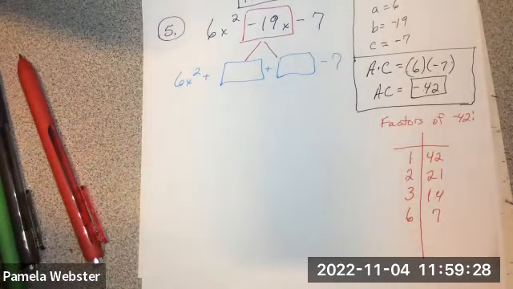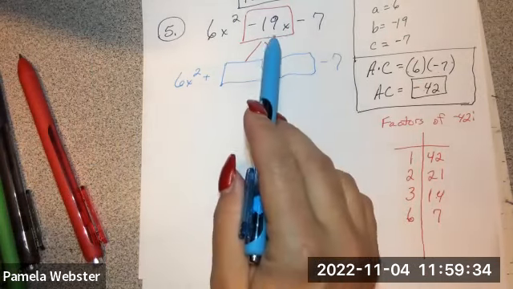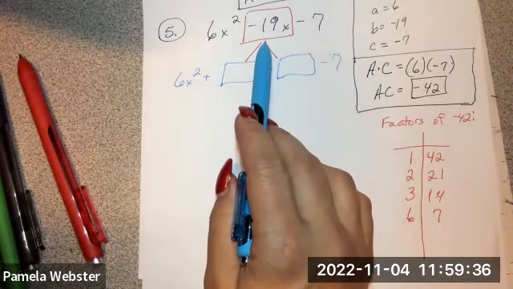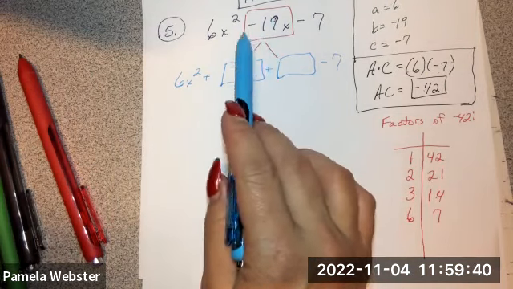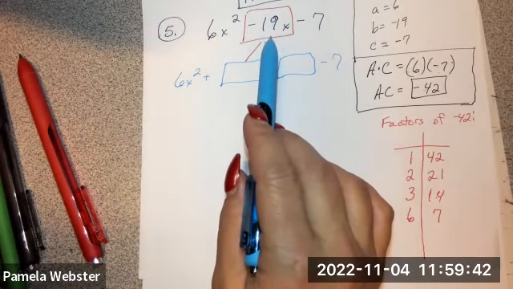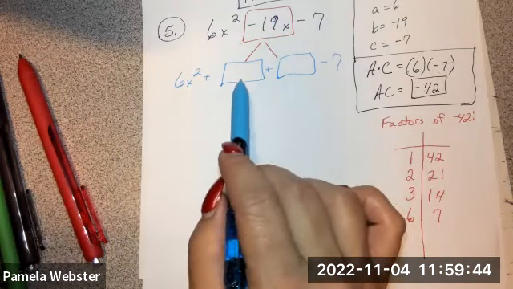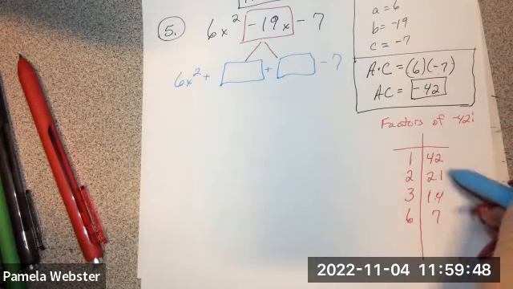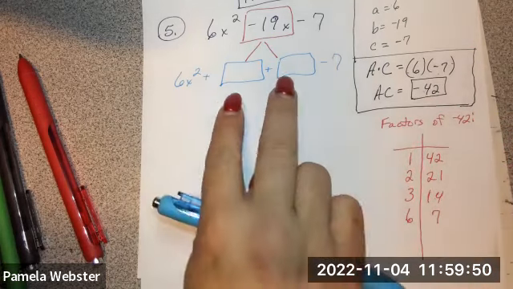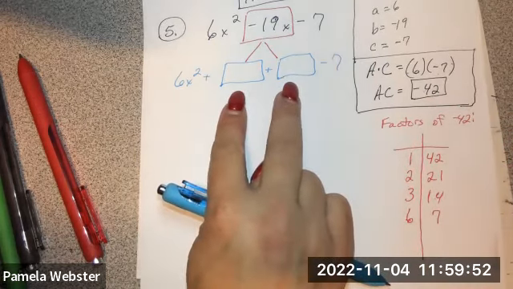So instead of 3 terms, I'm going to end up with 4 terms so that I can end up factoring this guy by grouping. So what we're saying is, if this will factor, I should be able to rearrange this middle term into the sum of 2 different terms. So what I'm looking for is these factors that will add up to give me the number in the middle, the B, which is a -19, right?